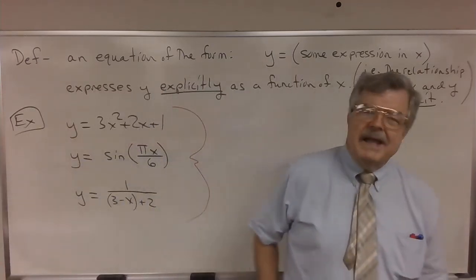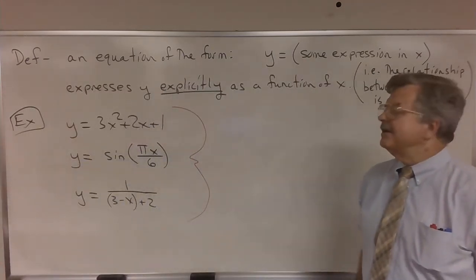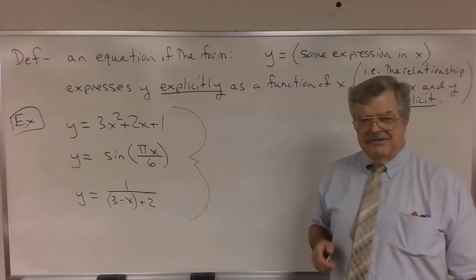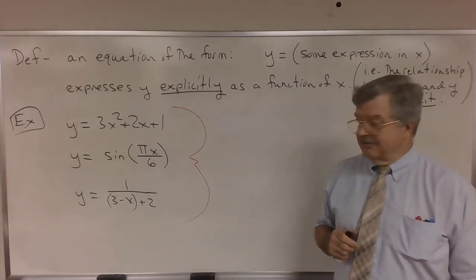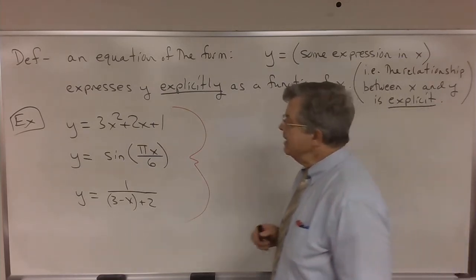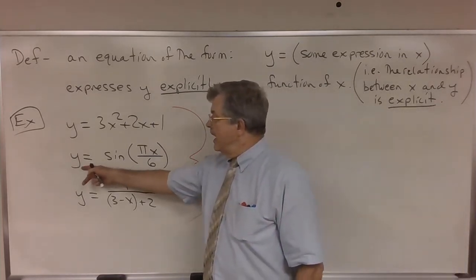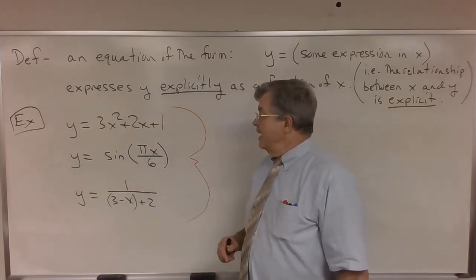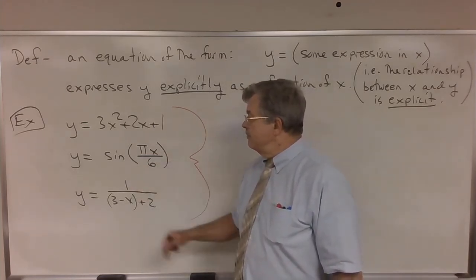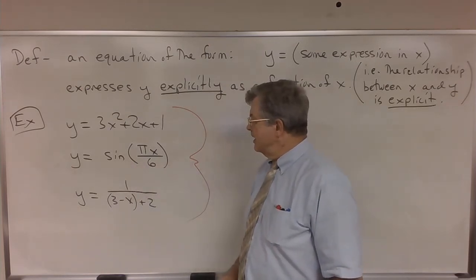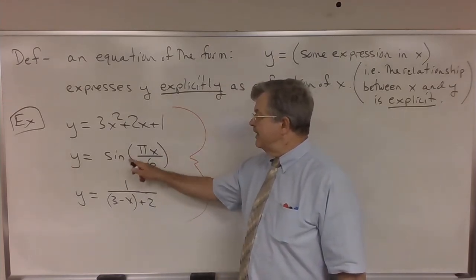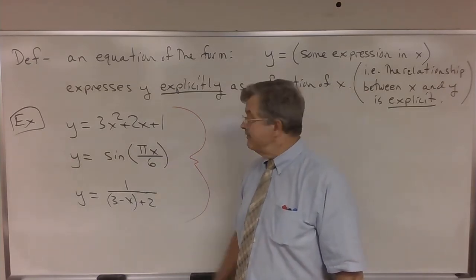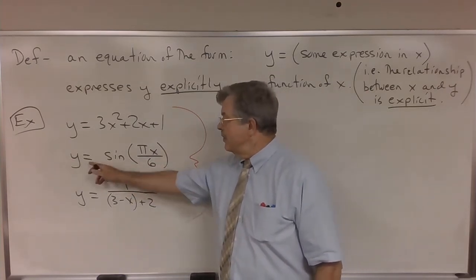We know what y is in terms of x. We can evaluate y in terms of x. Same thing here. y equals some expression in terms of x. When x is 0, y is 0. But when x is 1, we have sine of pi over 6, which is 1/2. So when x is 1, y is 1/2.